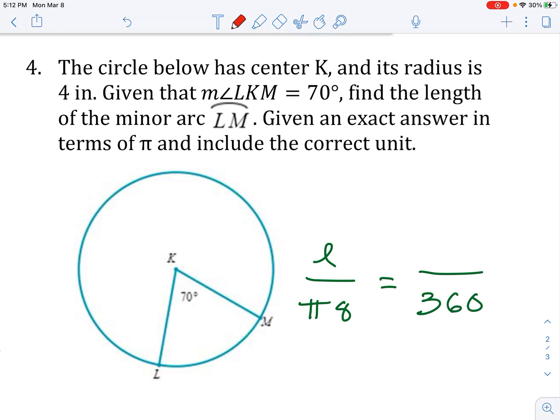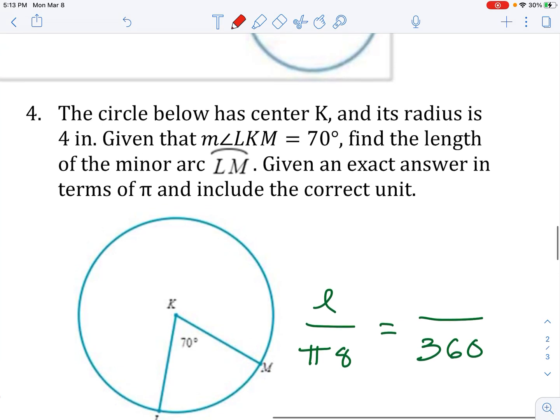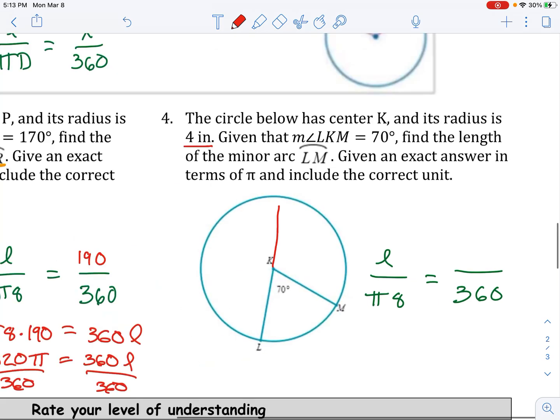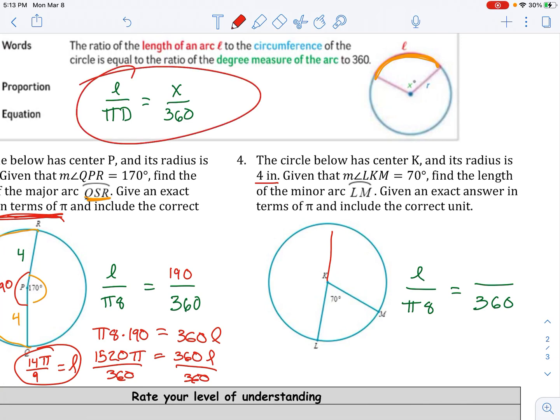So for this one, let's see here. I've got my L on the top. I noticed it says the radius is 4 here, so my diameter would be 8. That's why I have an 8 listed down there. That's just coming right from up here. Pi times diameter.